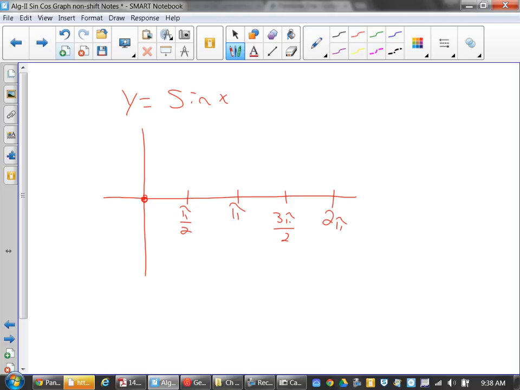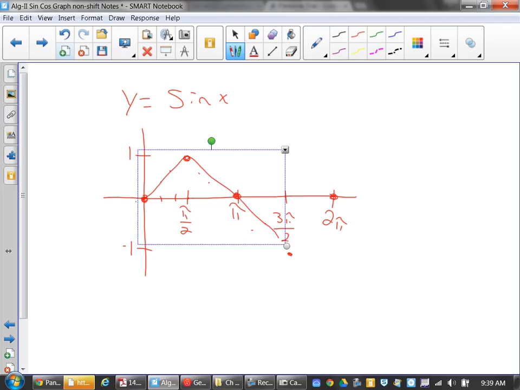The sine value at 0, the y-coordinate on the unit circle, is 0. At pi over 2, it was 1. At pi, it was 0. Here, it was down at negative 1. And it came back to 0 at 2 pi. If you wanted to get really fancy, you could get all your other ordered pairs as they're increasing and then as they're decreasing.